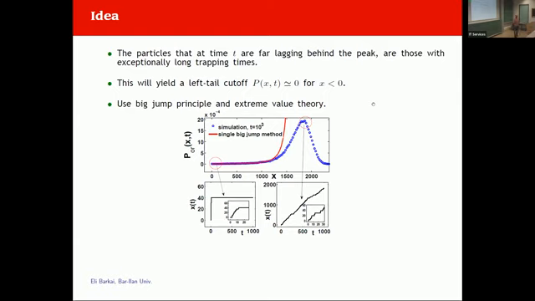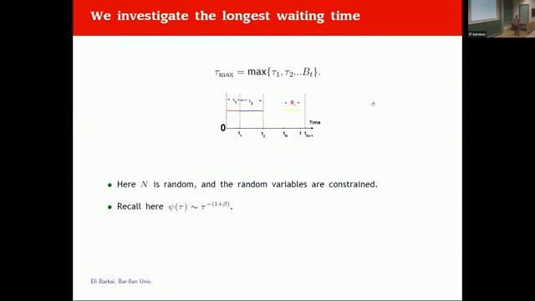I think it's obvious. Now, we say the following: you have this long sticking time. This is the maximum of all the sticking times. If I know the statistics of the maximum trapping time, then I'll know something about the far left tail. That's the idea. It might be easier said than done. So what we do is the following.